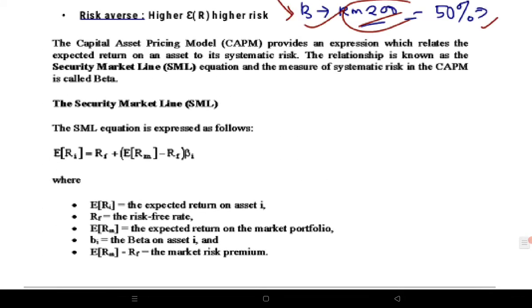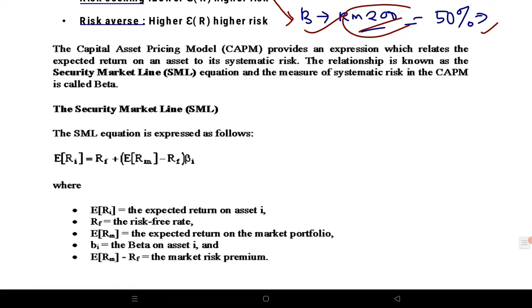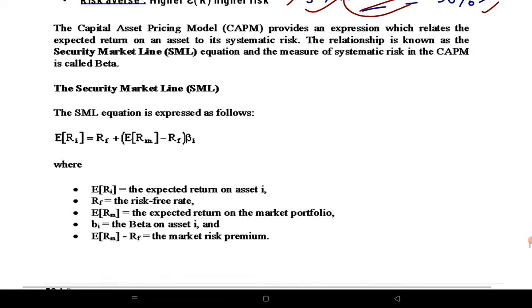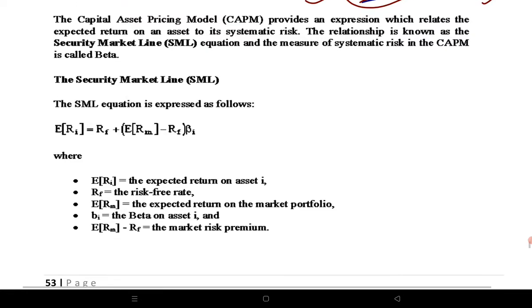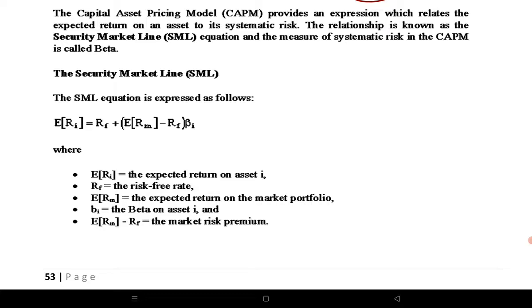We also have the SML model, or SML line, and the equation is like this.